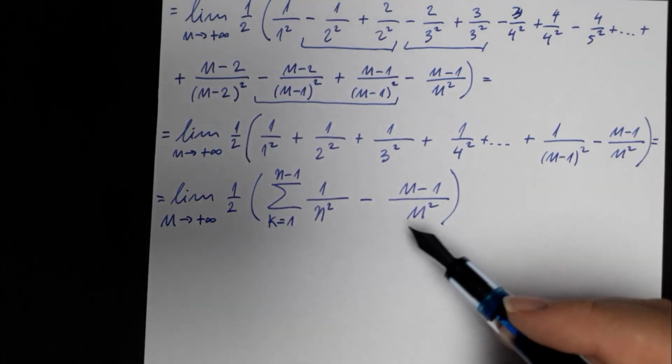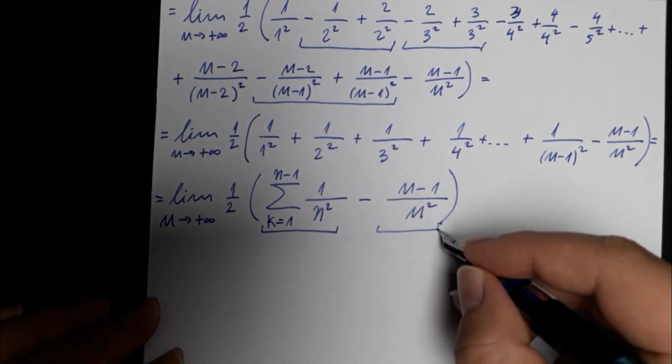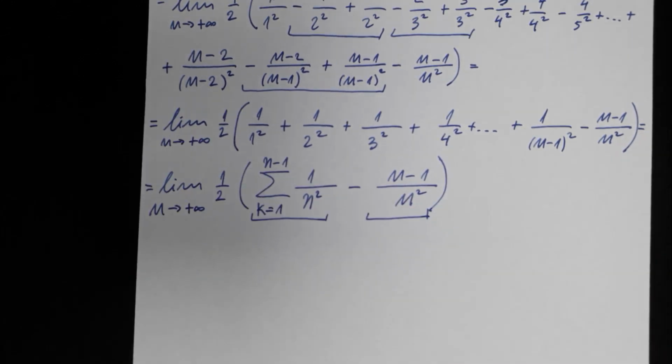Now we can distribute the limit because both of these are convergent. I have a calculus lecture on various criteria of the convergence of series of real numbers here on the channel, and that lecture is linked below in the description of this video, so I urge you to go and watch that.